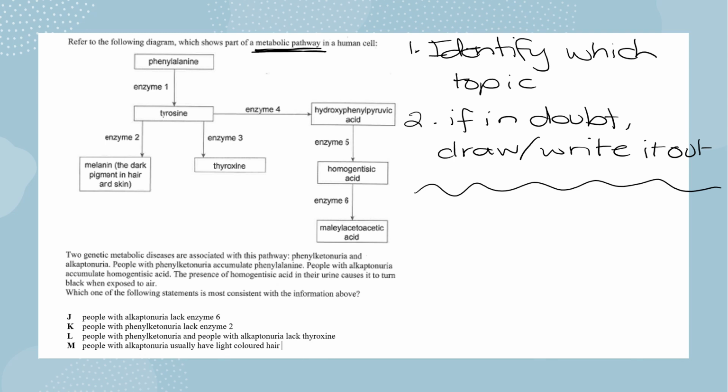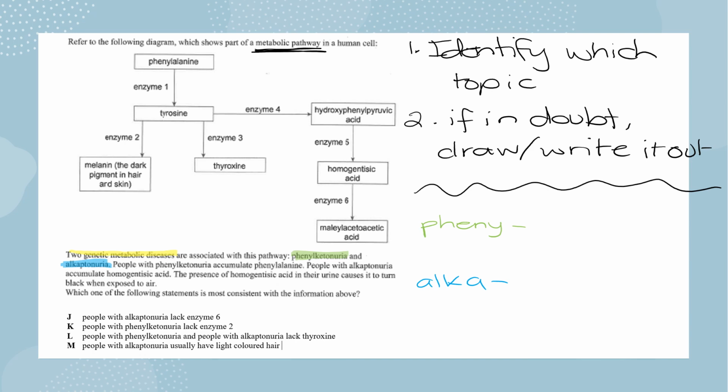Okay, so we're going to summarize some key information. So first thing is, there are 2 genetic metabolic diseases associated with this metabolic pathway. So we are going to call them Fenny or Alka, because like I said, we don't need to know how to pronounce these. So for Fenny, cool.